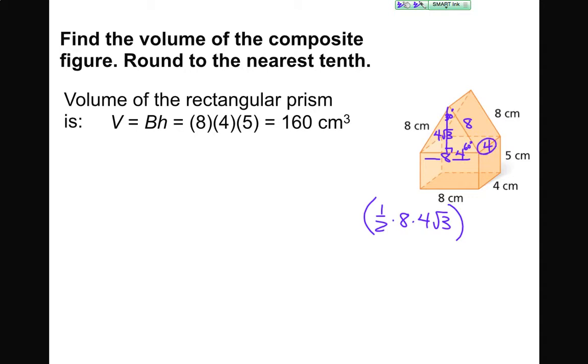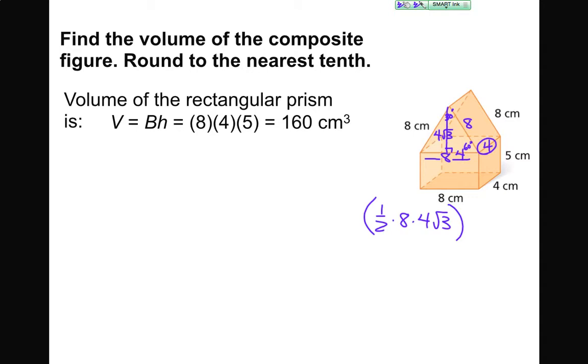How far from one triangle to the other? Think about my shape here. It's sitting this way. If it were this way, it makes sense that this is the height. When it's turned that way, that's still the height of the prism. It's how far from one triangle to the other, how many layers there would be: triangle, triangle, triangle.